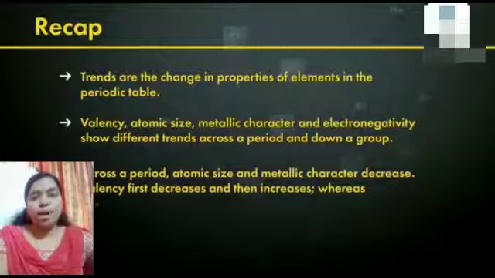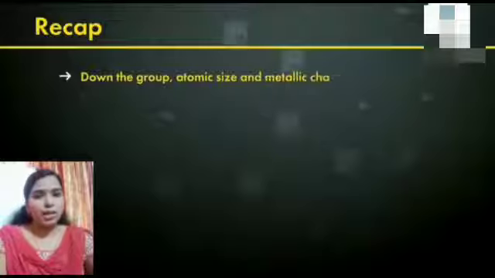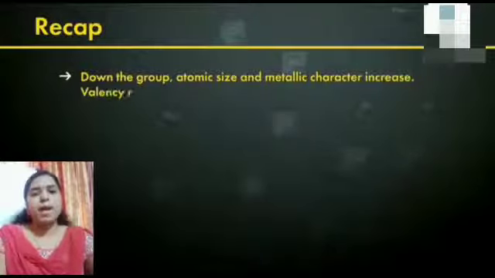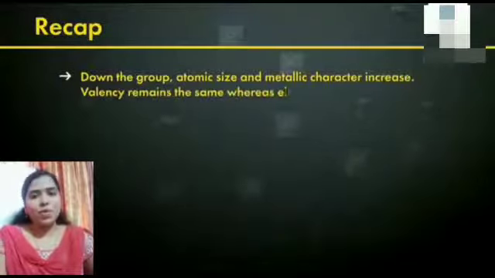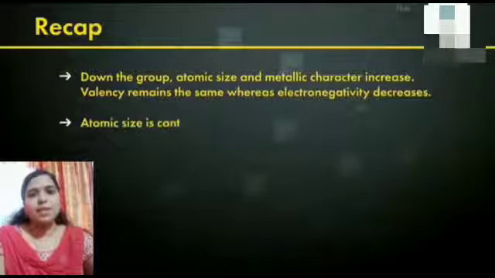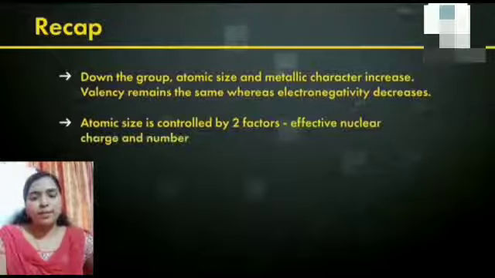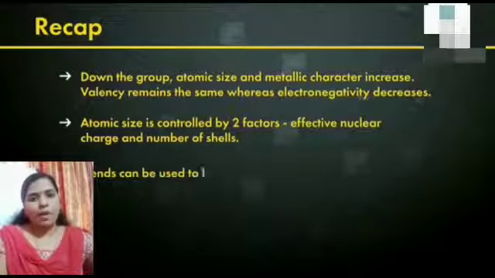Down the group, atomic size and metallic character increase, valency remains the same, whereas electronegativity decreases. Atomic size is controlled by two factors, that is effective nuclear charge and number of shells. Trends can be used to find the nature of oxides formed by an element.